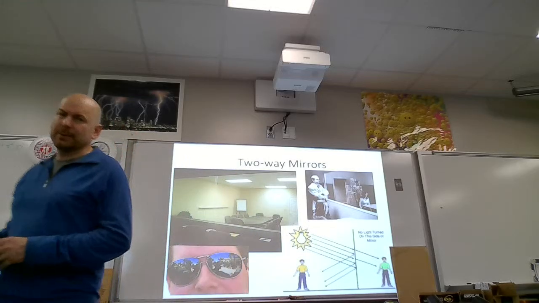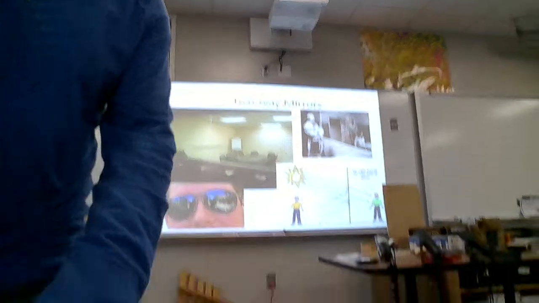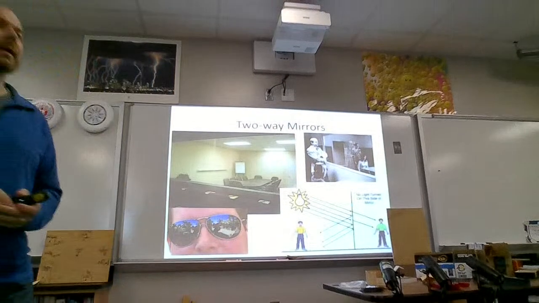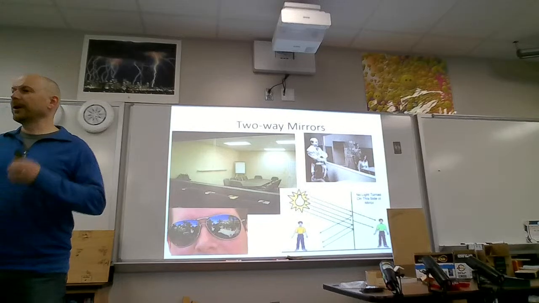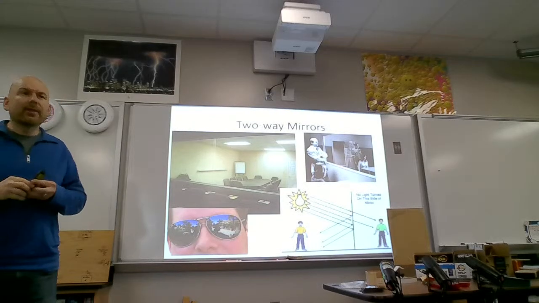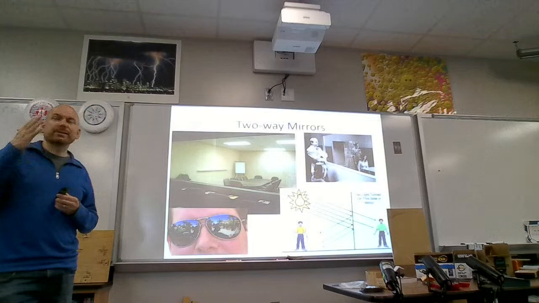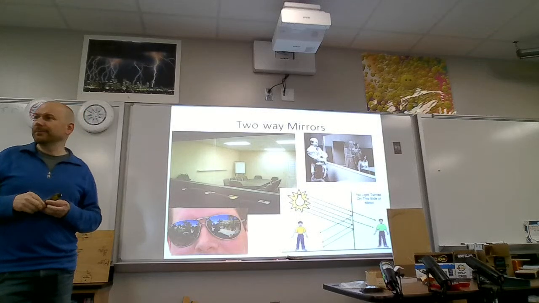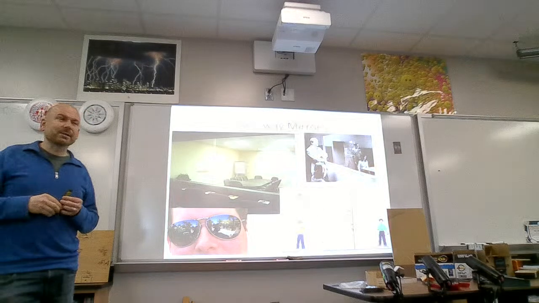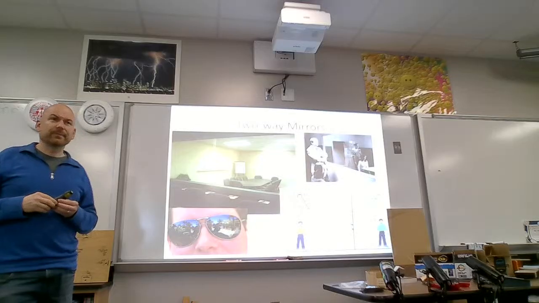Two-way mirrors. This is the thing where one side looks like a window, the other side looks like a mirror. That's because the two-way mirrors are actually just semi-reflective. Some of the light gets through, some of it's reflected off.